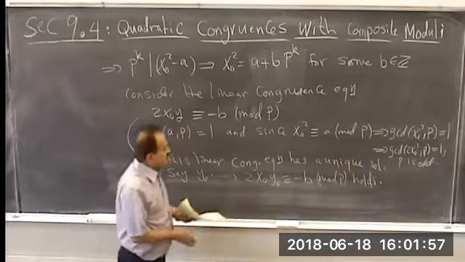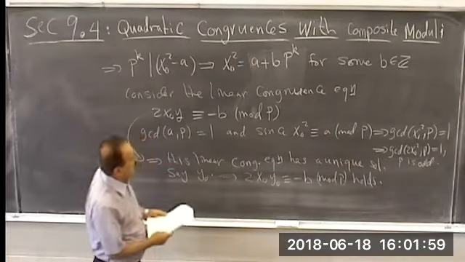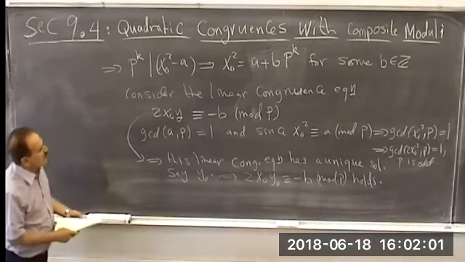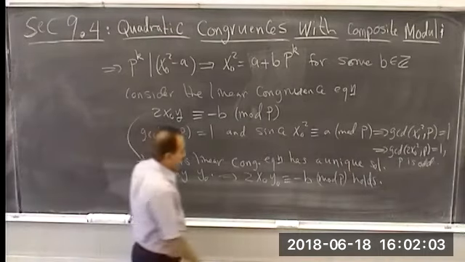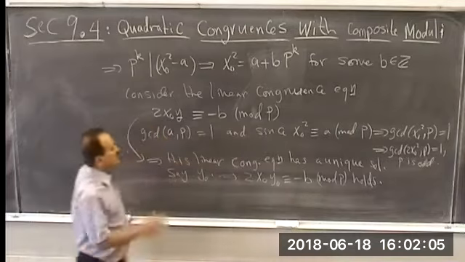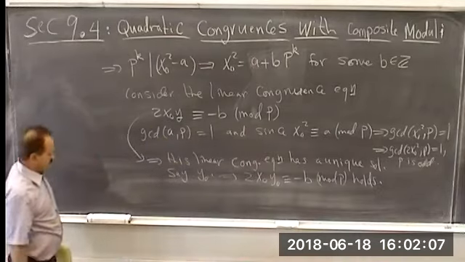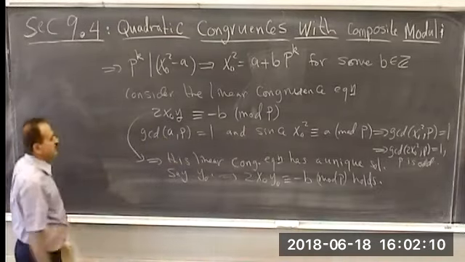All right, now the question, how are we going to use this information to come up with a solution for the quadratic x squared congruent to a mod p to the power of k plus 1, rather.